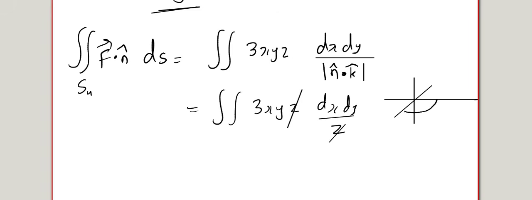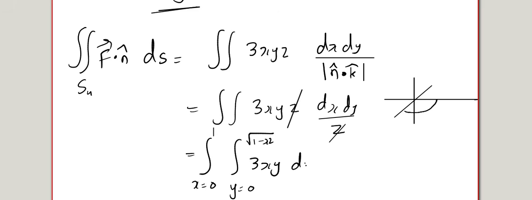quarter circle. So I know that x varies from 0 to 1 and y varies from 0 to root under 1 minus x square, 3xy dx dy. Of course, you have to write dy dx, and I'm not showing that integration step. If you integrate, you're going to get 3 by 8.